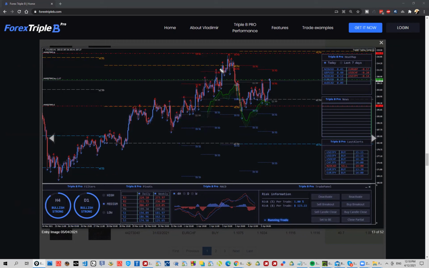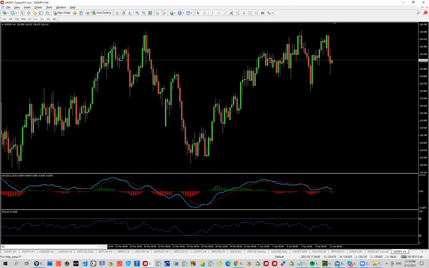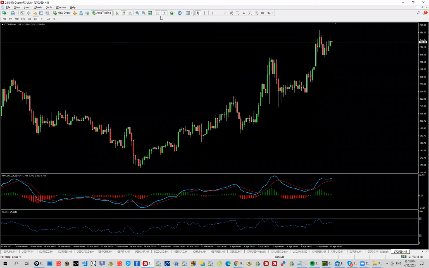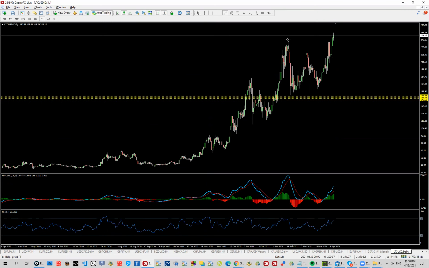So what happens is we got a pullback, and you probably remember we did a video on that, but we got a breakout of a daily triangle. Let me see if I can pull it up here on the terminal. So that's approximately what happened here, right?